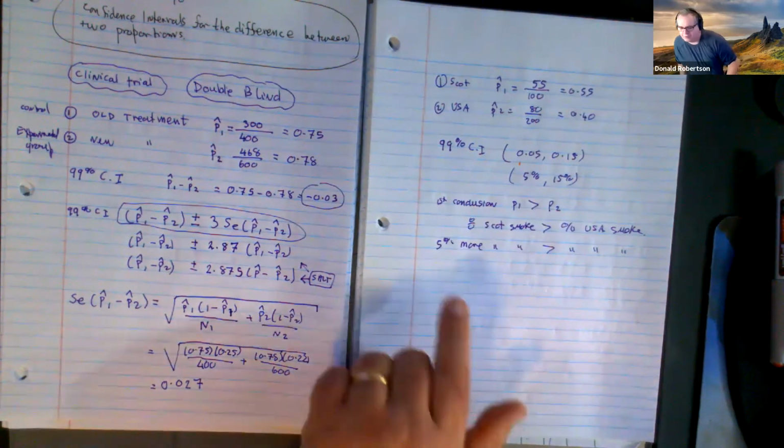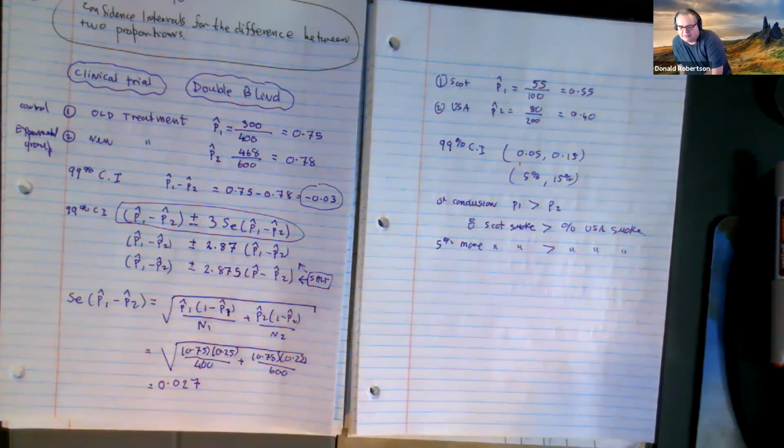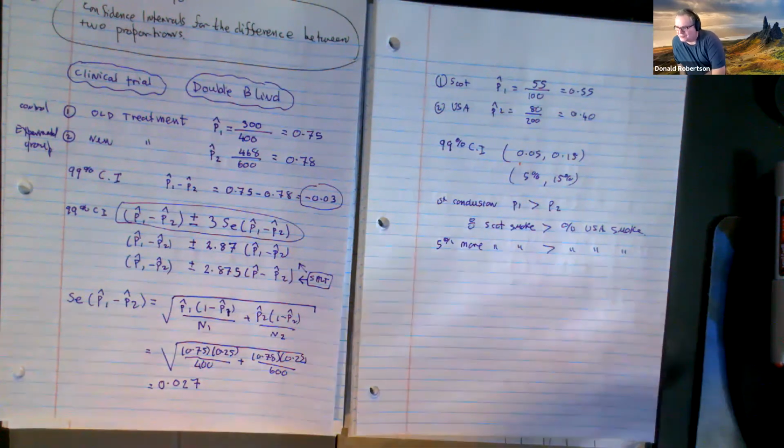Couldn't we also phrase, I'm not writing this one down, but couldn't we say that at most 15% more Scots people smoke than Americans? Right? It's a bit funny, the English language, isn't it? At least, and it's a big number, right? At most 15%, or less, I should say.